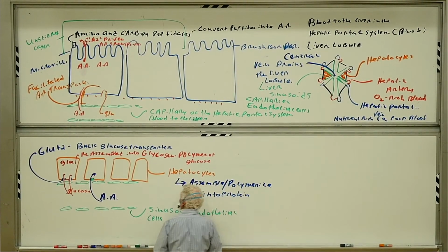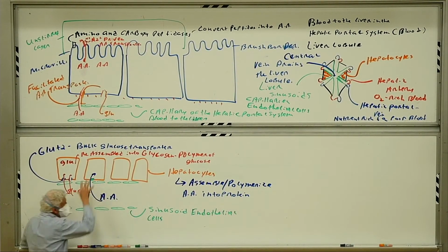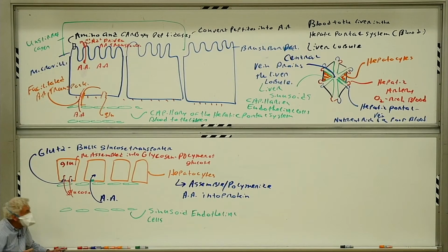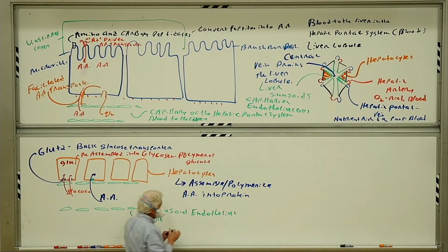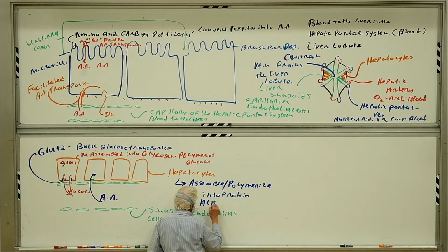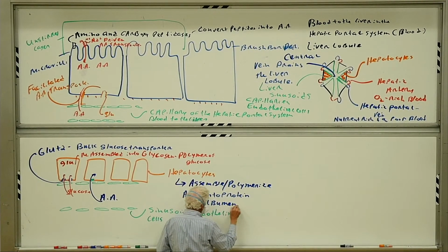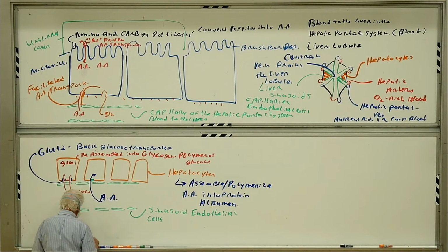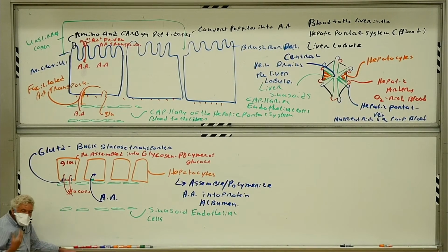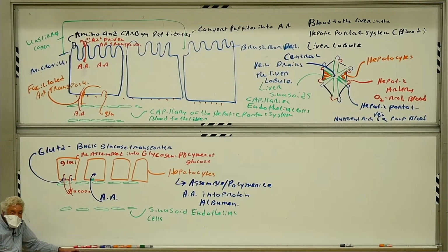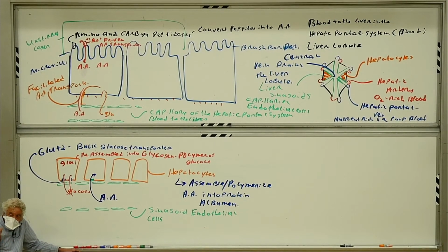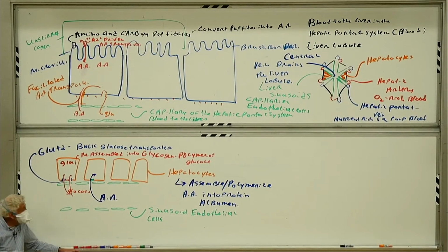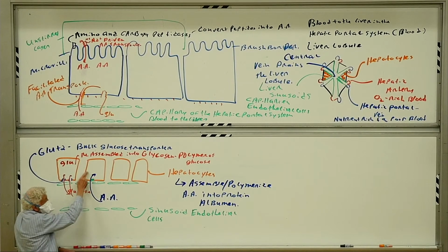So we're taking these individual amino acids and reconstructing them into gigantic proteins. Most of these proteins in the liver will be albumin. So these hepatocytes, these liver cells, are busy cells taking up the remnants of our digestive system, the hexosugars or the amino acids, and reassembling them.